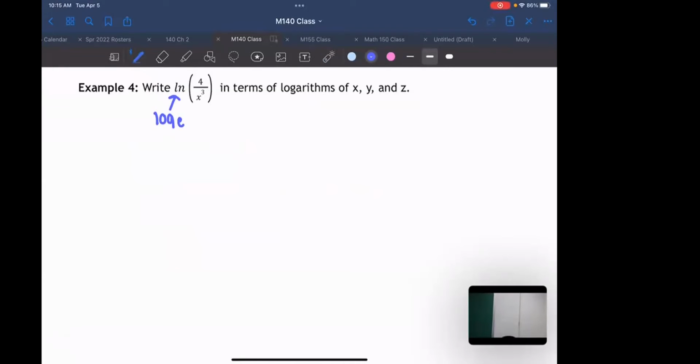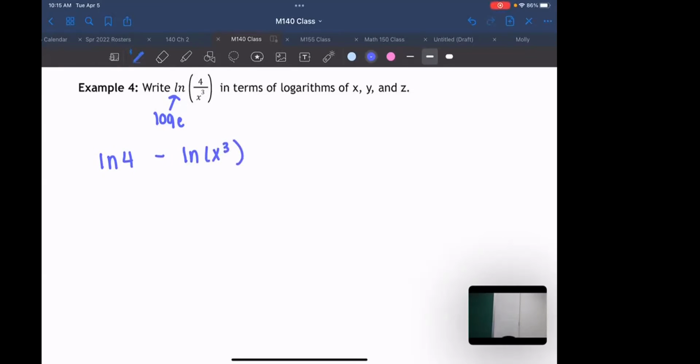Okay. So here we have division, we also have exponents. What did you guys do first, the division or the exponents? The division, right? The division's like the big thing going on here, right? So we can change division into, I guess, subtraction, right? So ln 4 minus ln x cubed.